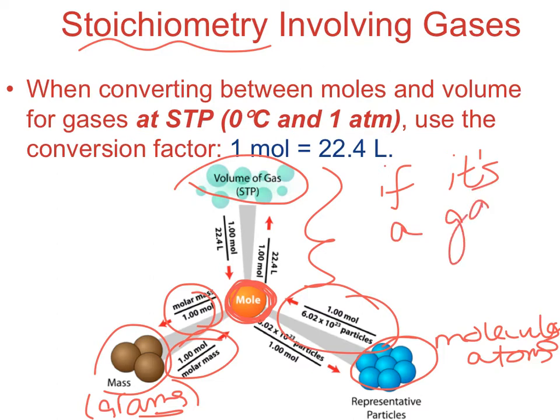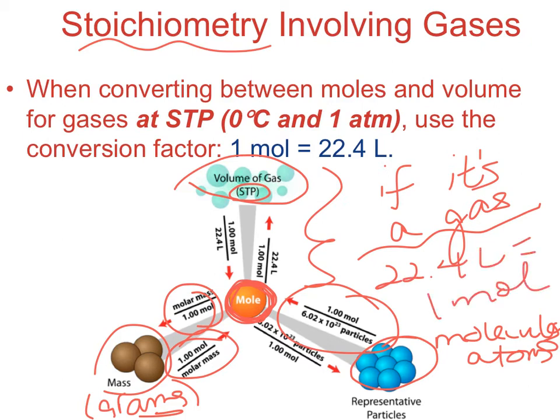So if you have a gas and you're at STP conditions, the conversion is that 22.4 liters of a gas equals 1 mole exactly. So that will be a conversion factor you need to be very familiar with.